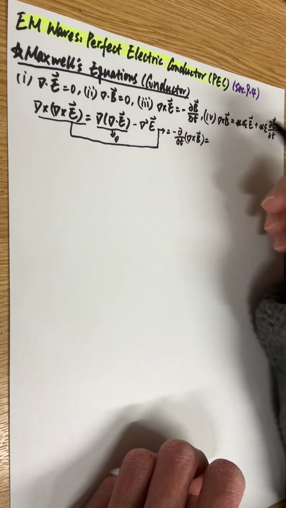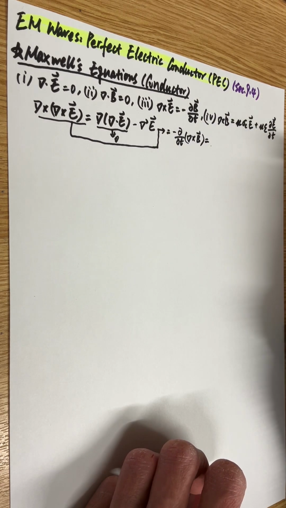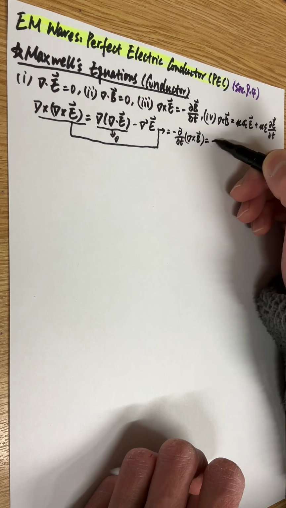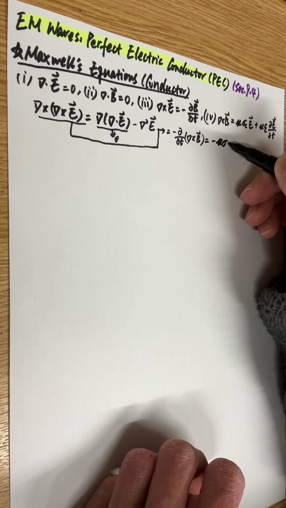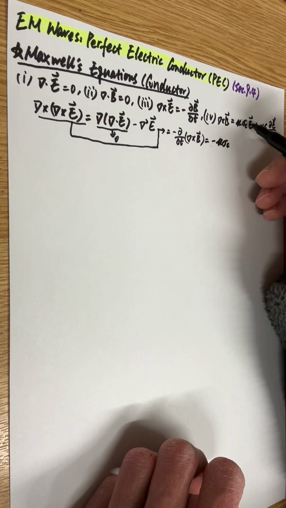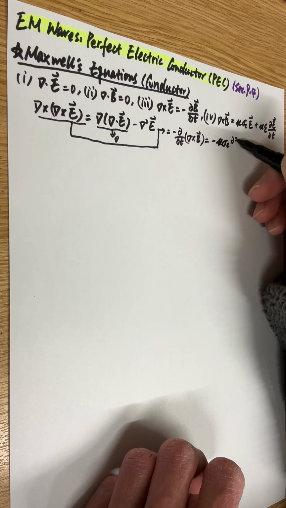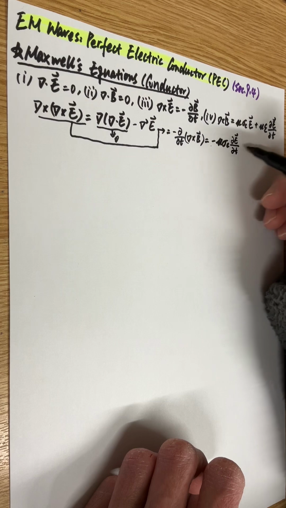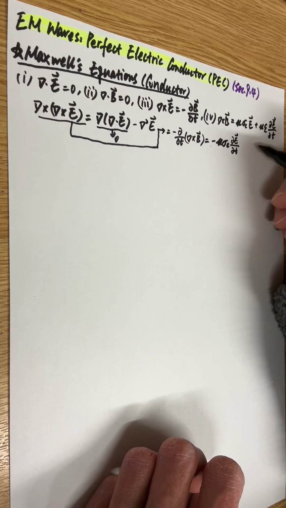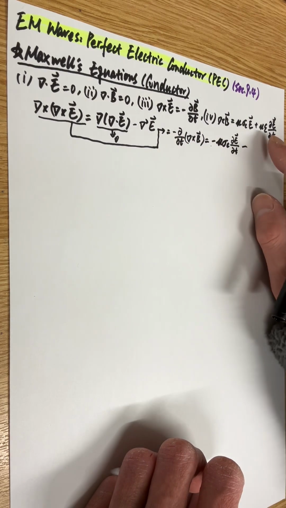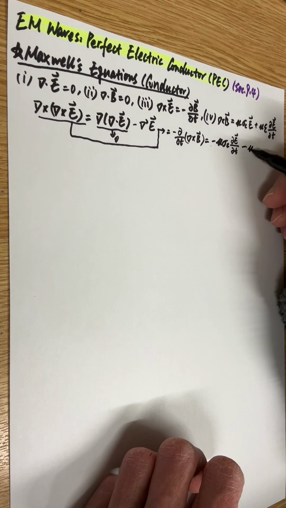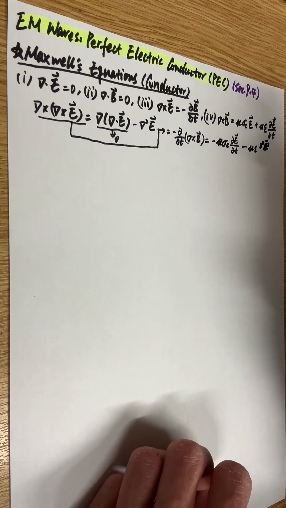So if we extend this further, we get minus mu conductivity dE dt, and then plus, minus sign here, minus mu epsilon second derivative of E with respect to time.